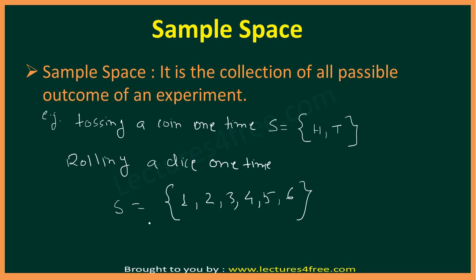So these are the sample spaces for these experiments. 1 2 3 4 5 6 is the sample space for rolling a dice one time, and head and tail is the sample space for tossing a coin one time. Means sample space represents all possible outcomes of any experiment.